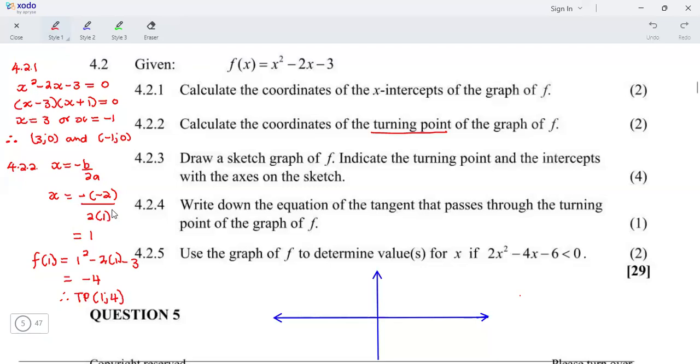So we're going to have -1, which is going to be here, and then we're going to have 3, which will be somewhere there. And then you're going to have your y-intercept, which is -3. And then you're going to have your turning point, which is (1; -4), somewhere here. Right, now we just sketch this graph here. So it's going to go like this.